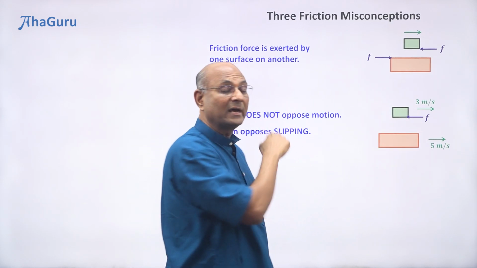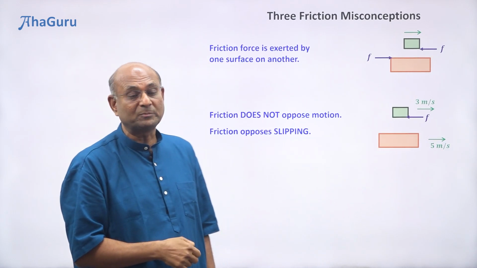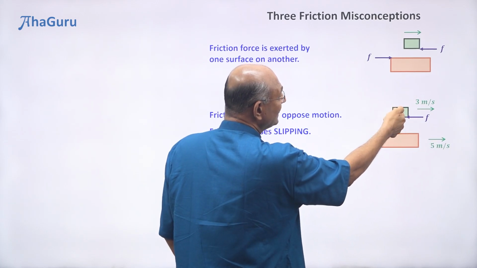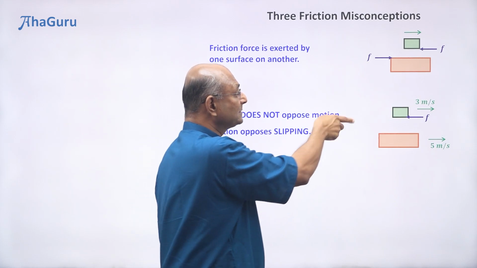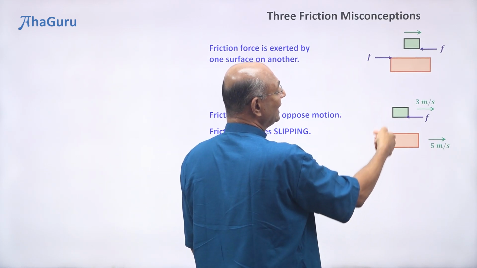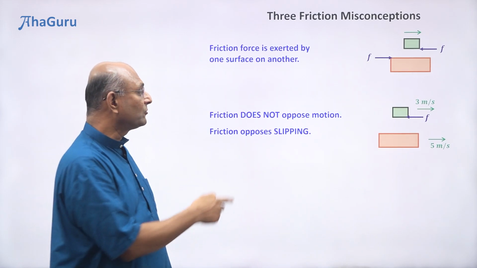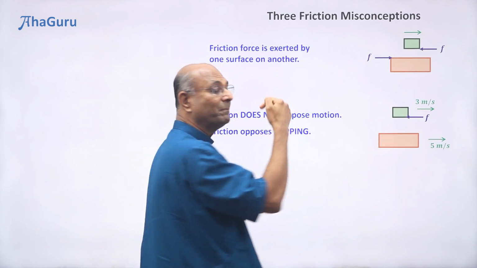That means the green block is slipping backwards on the orange block. Relative to the orange block, which has moved forward, the green block is behind. Well, it is also moving forward overall, but it is behind the orange block because it moved less. So the green block is slipping backwards relative to the orange block. It is moving forward, but it is slipping backwards.